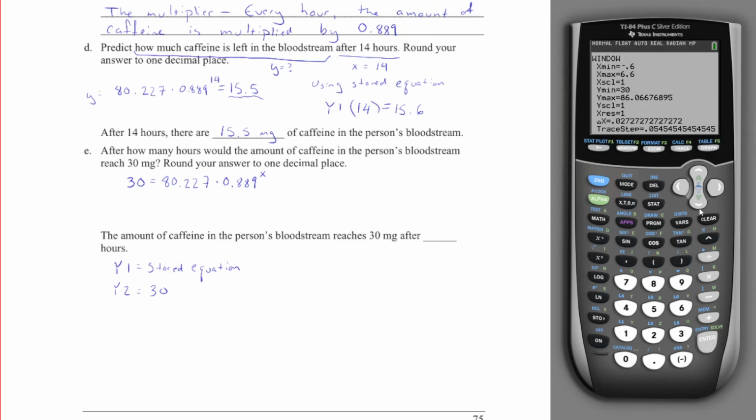I'm going to change my maximum X. Well, I know that the amount of caffeine has fallen to 15 in a bit by the time we're 14 hours in. So I'm going to change my X max to be 14, because I know we'll have gotten there by then. And I'm going to say zoom fit again.